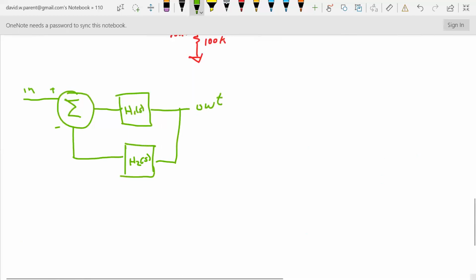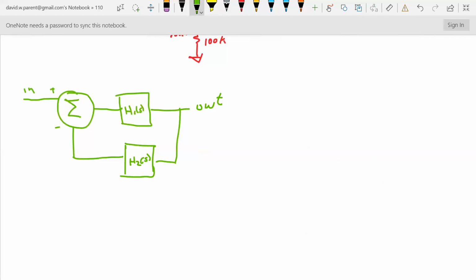Now, sometimes I have to draw it first before I can derive the equation. But this is the feedback, and it's got negative feedback. So it can be hard to just do it off the top of your head.